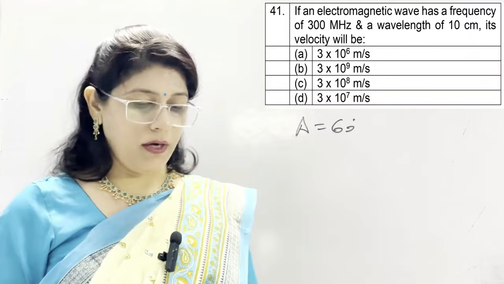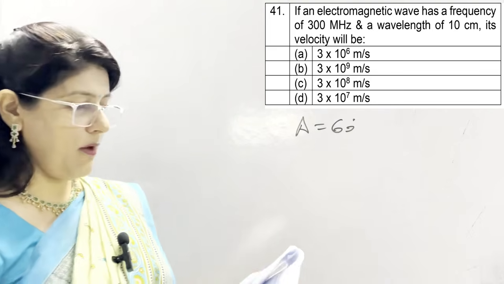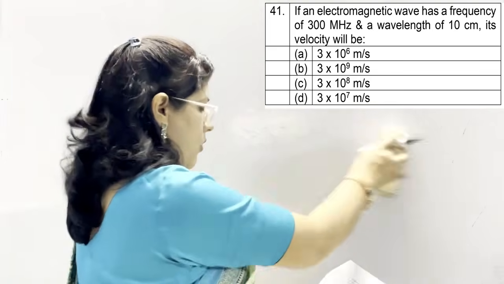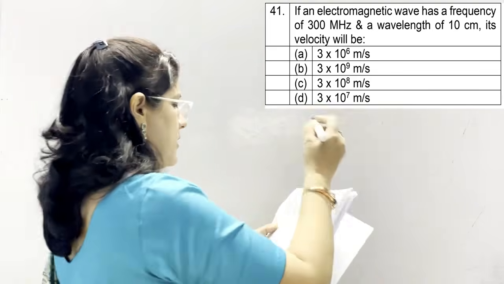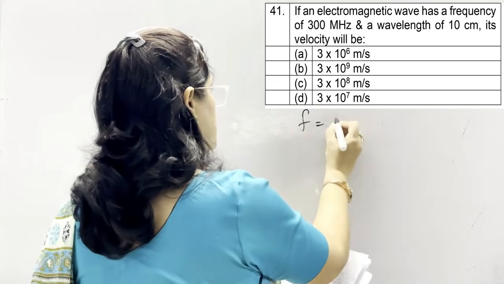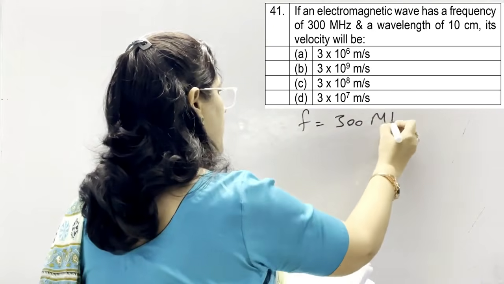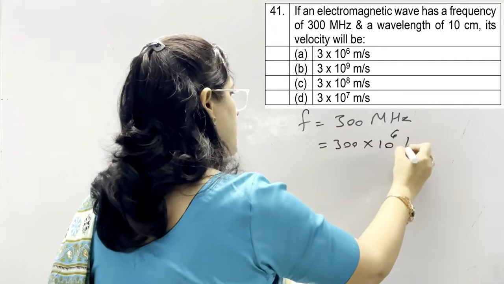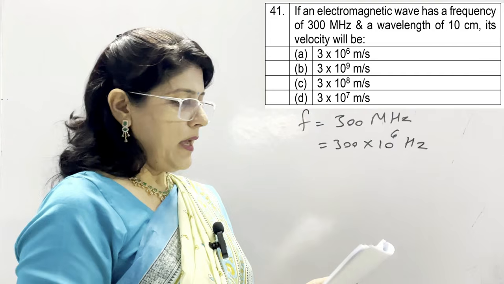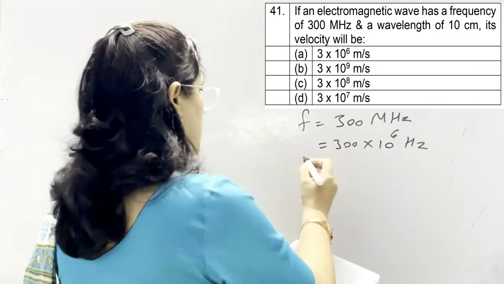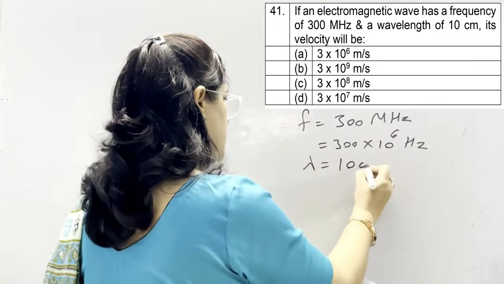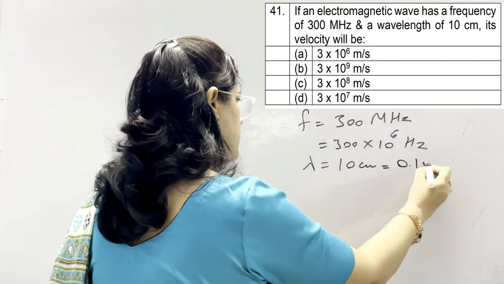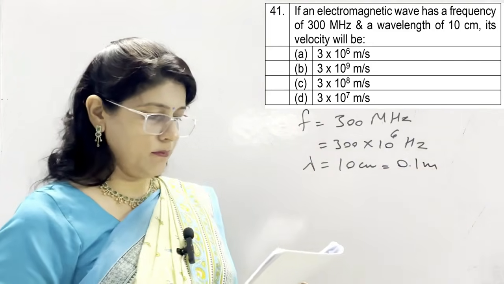Question number 41. An electromagnetic wave has a frequency of 300 megahertz. Frequency is given as 300 megahertz. Mega means 10 raised to power 6 hertz. It has a wavelength of 10 centimeter, lambda is given as 10 centimeter and we need to convert it into meter, 0.1.